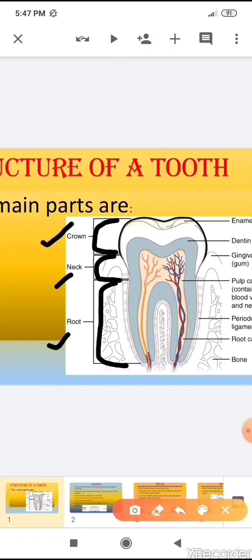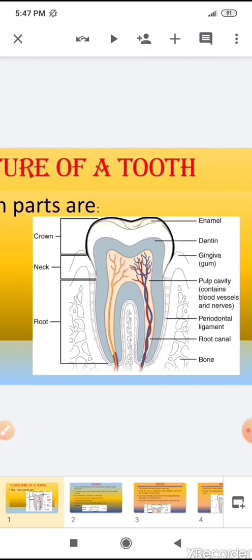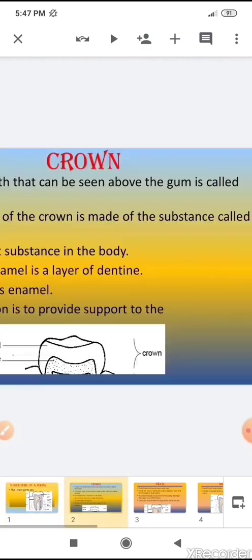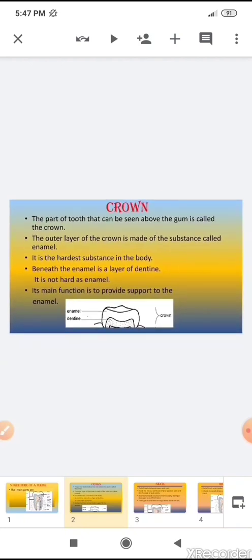Now we are going to learn one by one about the parts of the tooth and its layers. So the first part is the crown. The part of the tooth that can be seen above the gum is called the crown.